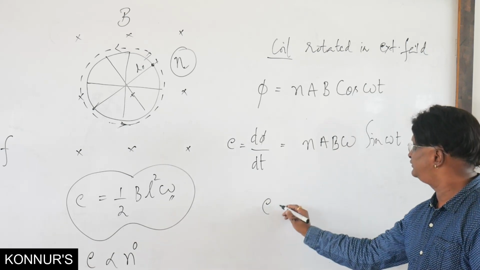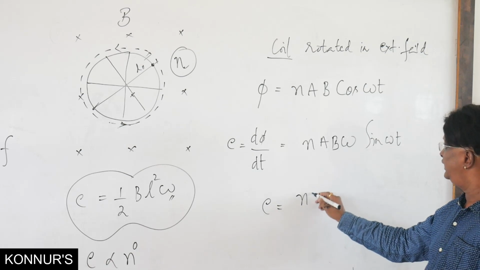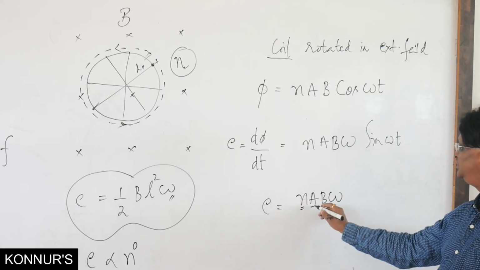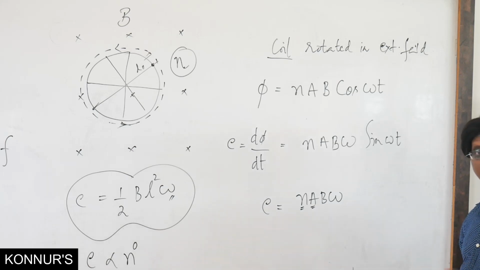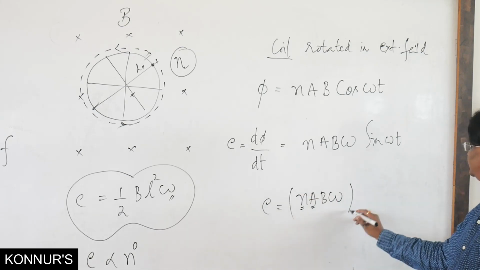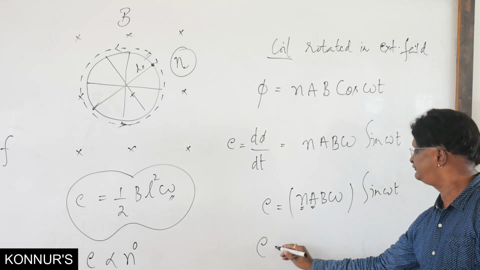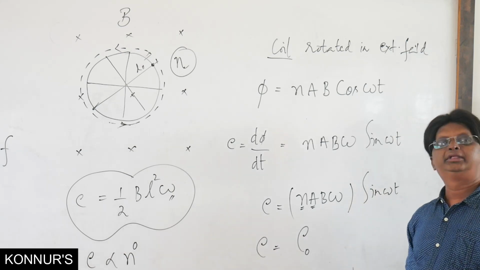Therefore you write E is equal to NAB omega, all constant, because for a given coil the number of turns, the cross section, the external induction being used, and the velocity with which it is rotated in the magnetic field are all constant terms, times sine omega t.